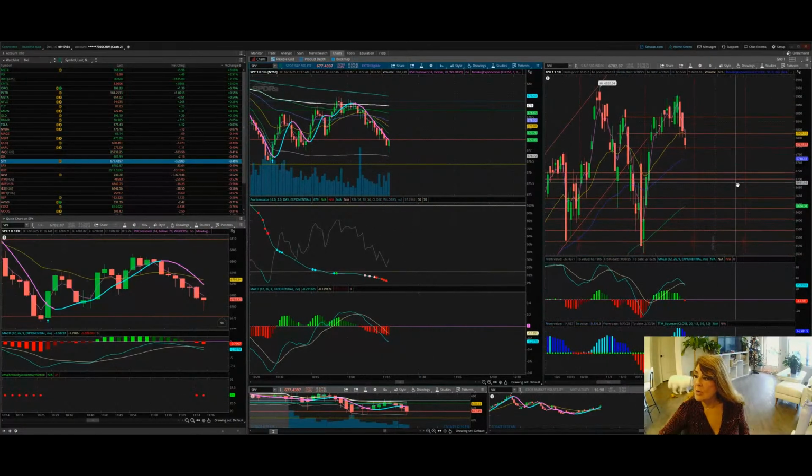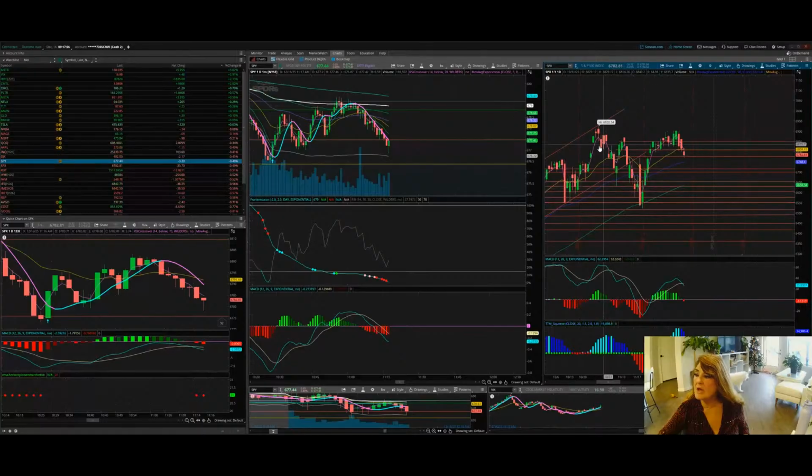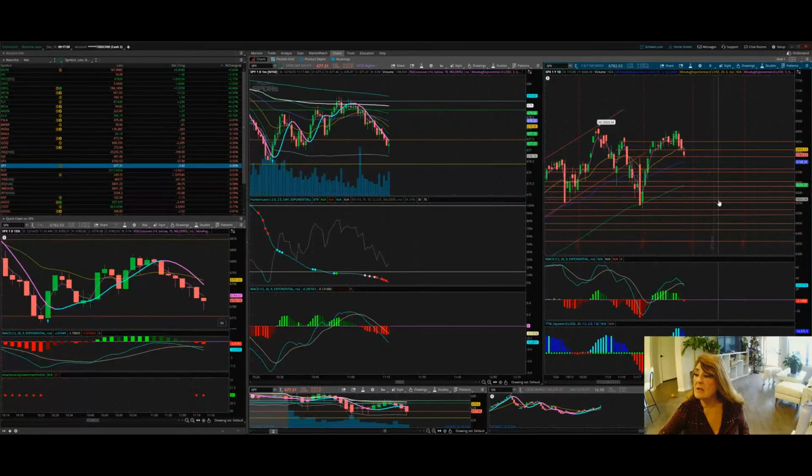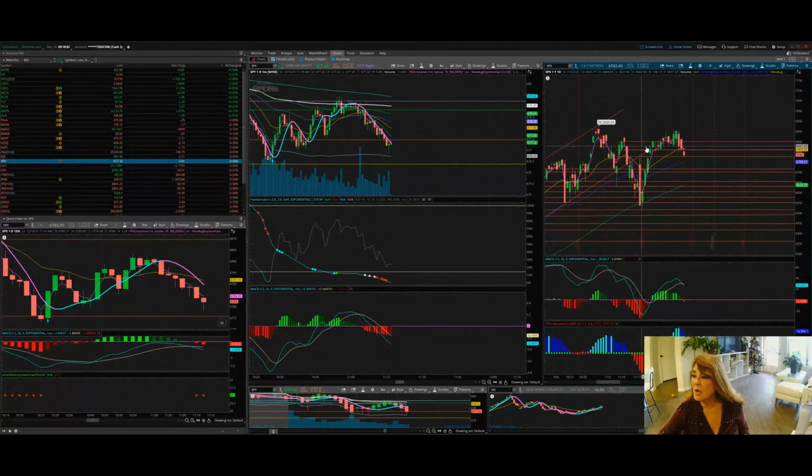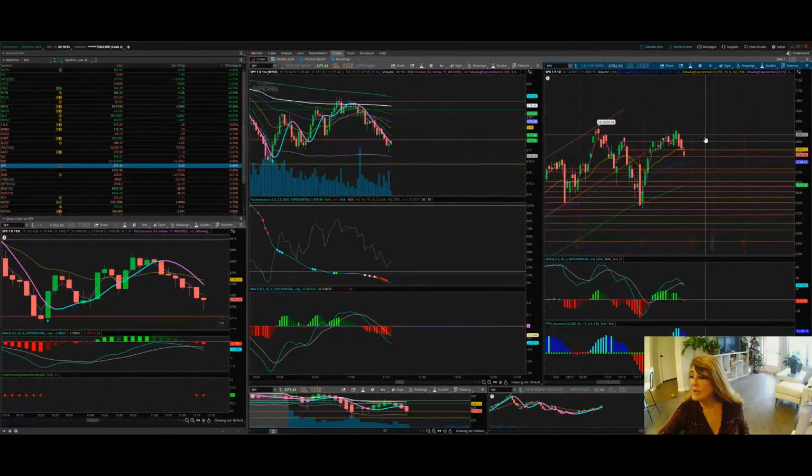All right, so that's the big picture analysis. Are we going to continue down, or are they going to kind of hold it? Now, if you notice, we've kind of been in a zone, a range, you could call it, for a while. We haven't gone too far. Really, from this line up to the top up here.